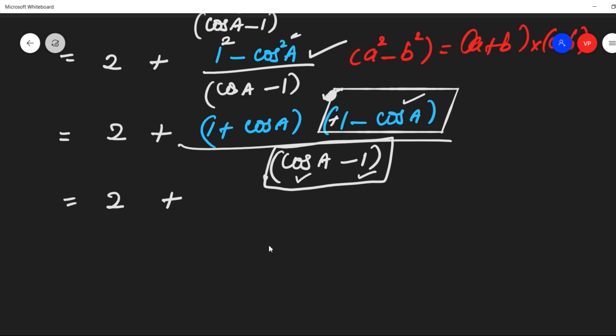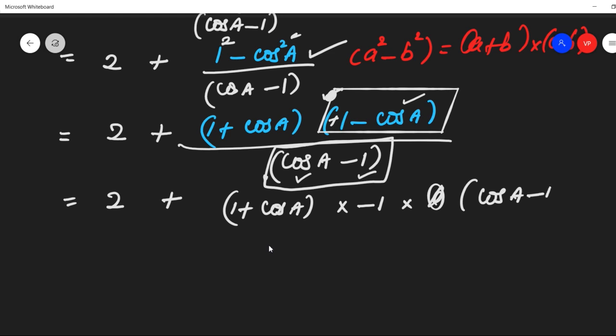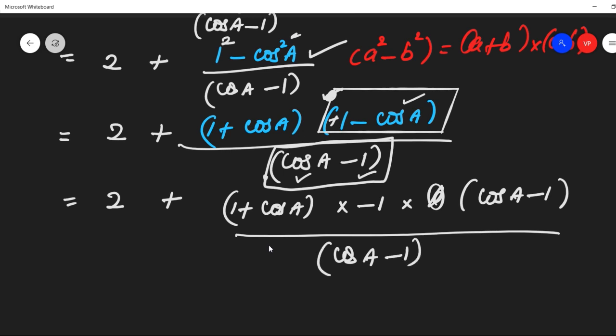So how will you take it? This is 1 plus cos A. I am going to take minus 1 outside. So what do we get? We get cos A minus 1, divided by cos A minus 1. Now you can cancel this term.